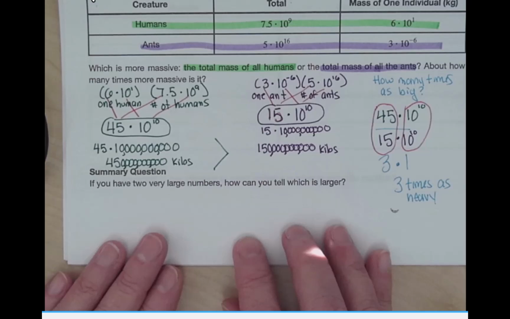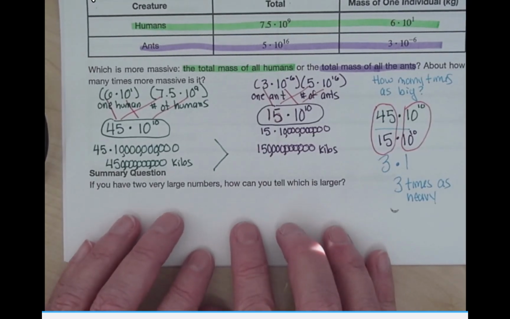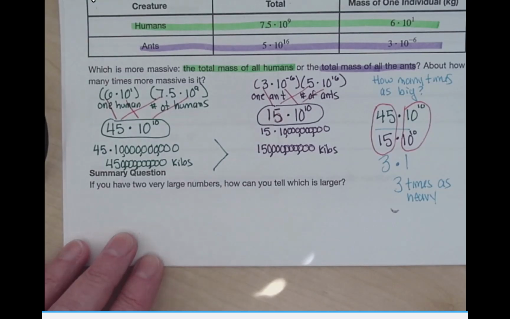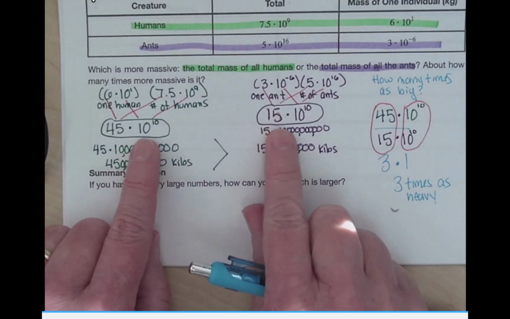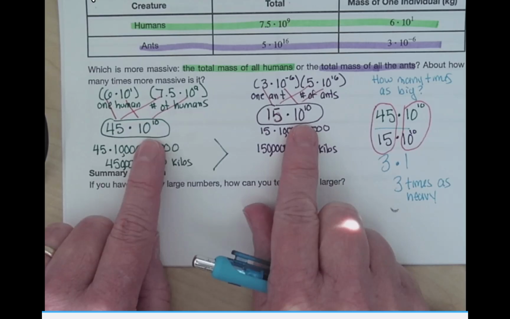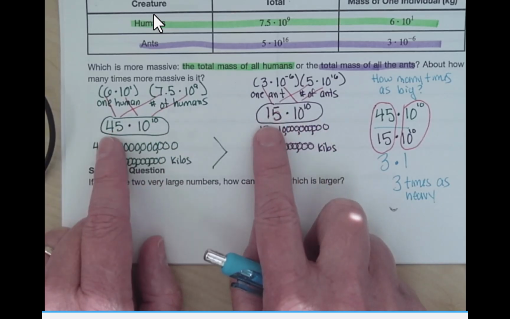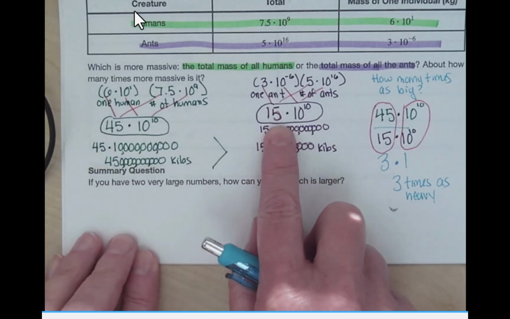So let's just finish up by saying, if you have two very large numbers, how can you tell which one is larger? Well, if they have the same power of 10, then I can just look at the coefficient of each of these expressions. And it's easy to see the 45 is bigger than 15.